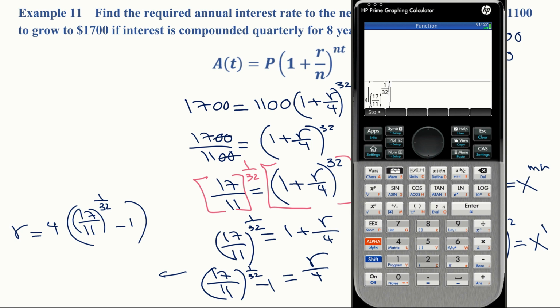And then exit the fraction and then exit again, so that now you are ready to type in your minus 1. And that should be it. Just double check, make sure you've typed in everything correctly. Hit enter. So you get r is approximately 0.055, okay?